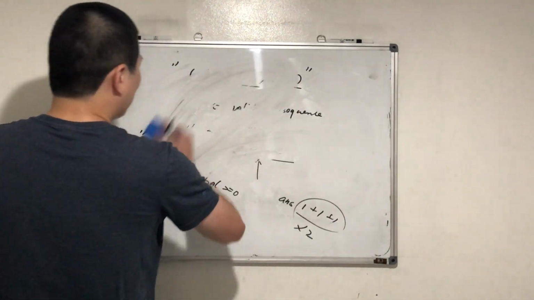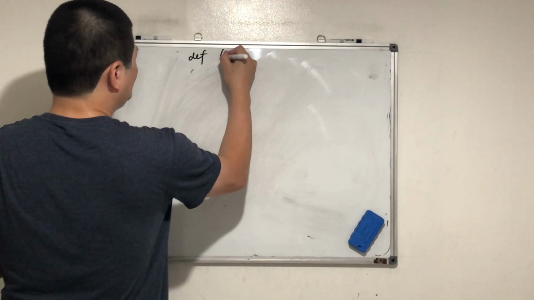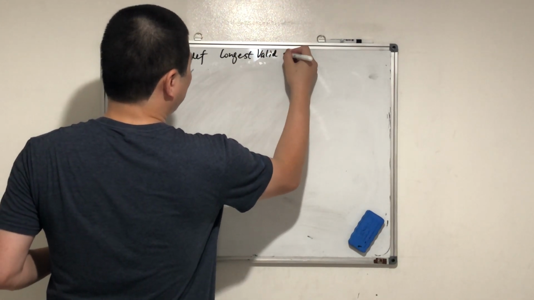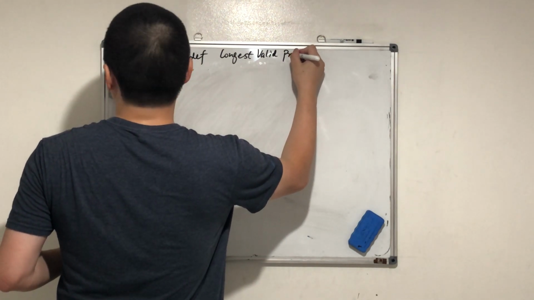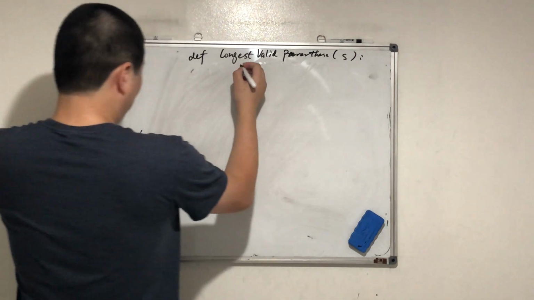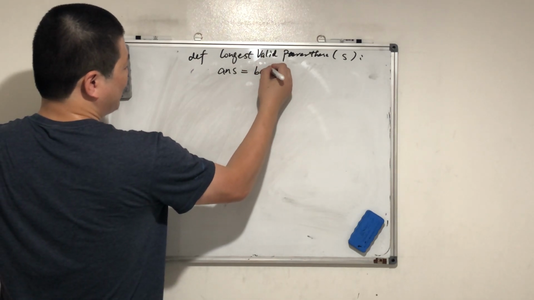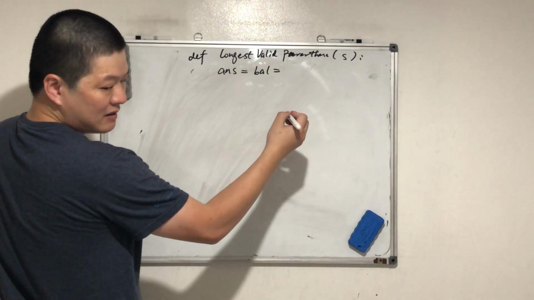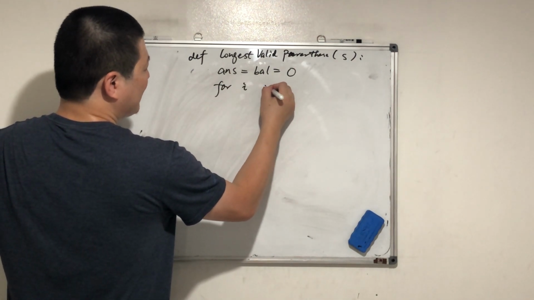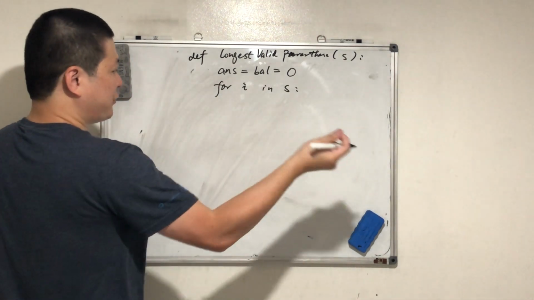Okay, let's write it, and tell me what to write. Define longest subsequence valid parentheses, taking S. We have an answer and also a balance counter, which at the beginning is set to 0. Answer equals balance equals 0. Then for i in S, we go through each character in the parentheses string.